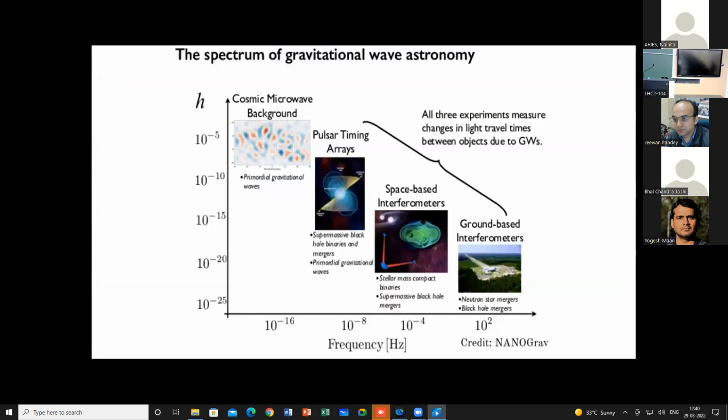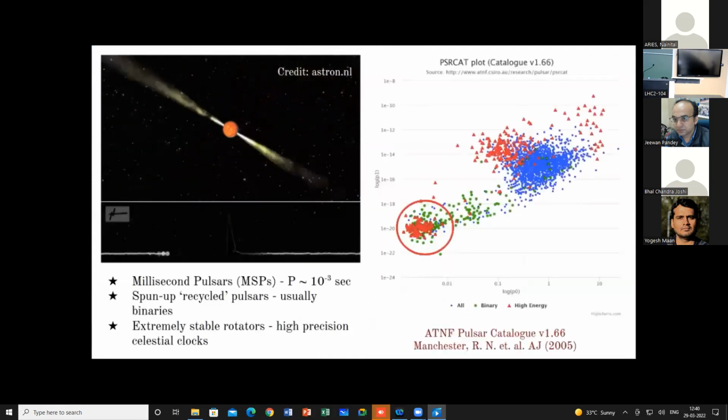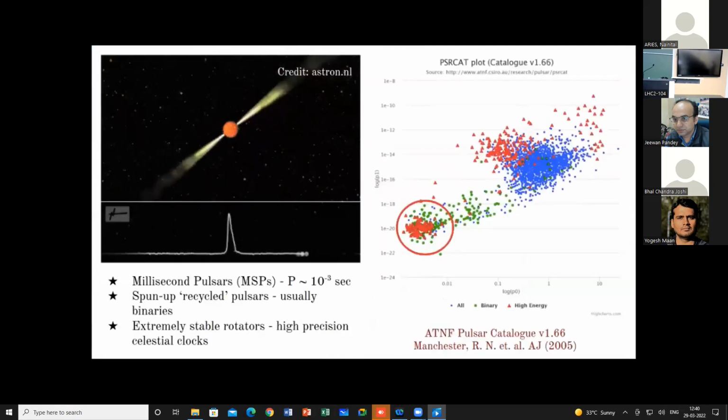Pulsar timing arrays, or PTAs, are expected to detect gravitational waves with frequencies in the nanohertz range, which is orders of magnitude lower than those from events being detected by LIGO, or that are expected to be detected by space-based interferometers like LISA. So what is pulsar timing? Pulsar timing is a technique to measure the pulse arrival times from the pulsars.